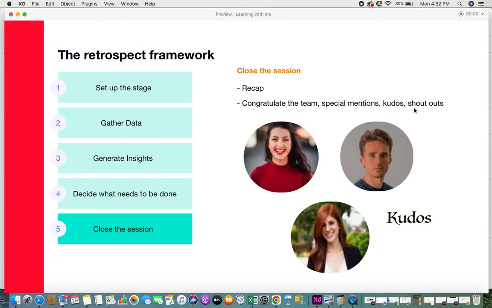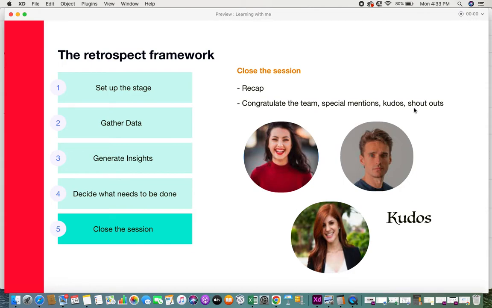And with this, the last stage is closing the session. So when you close the session, you can recap the important points. And after that, it's a time of celebration because everyone did their best, regardless of whatever things happened and the situation in hand, everyone did their best. So at this time, you can congratulate the entire team.